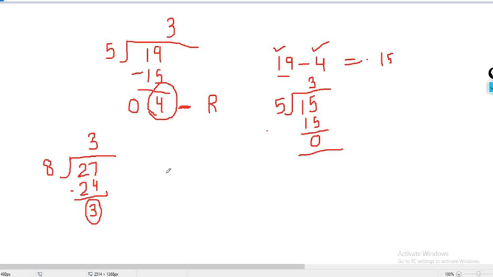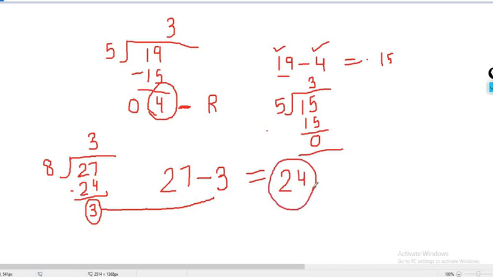You will simply say ma'am from the dividend we should subtract this remainder. If you subtract the remainder from the dividend, then whatever you get, you can see 24 is coming in the table of 8. Then no remainder will come, and then you can say that 27 is completely divisible by 8 if we subtract 3 from it.